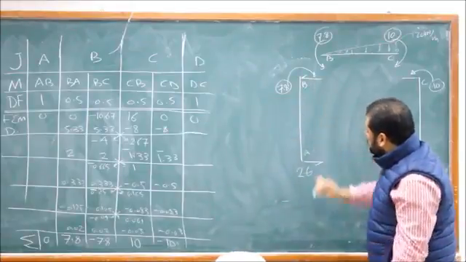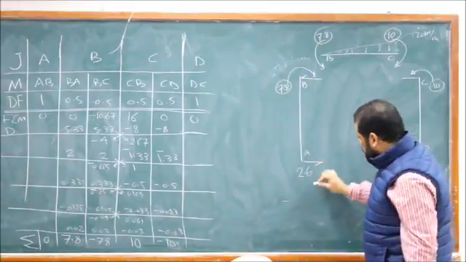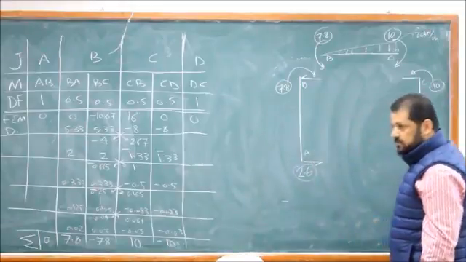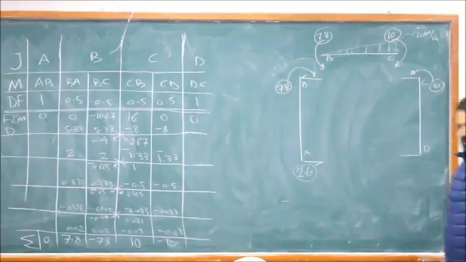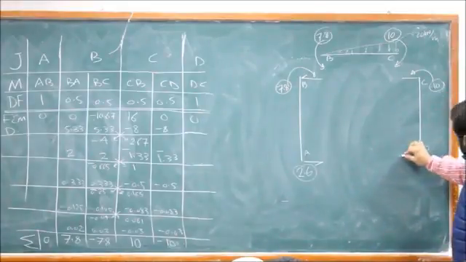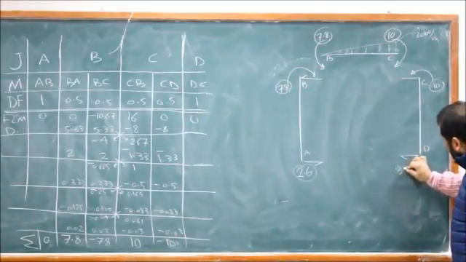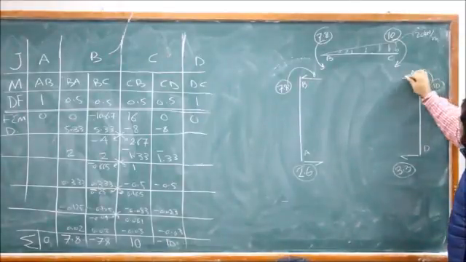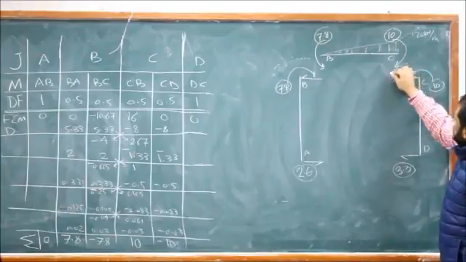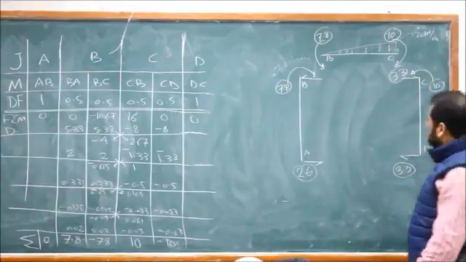You see how much this is? 2.6. Everything is in kilonewton, meter units. 2.6. Then 3.3, this way, 3.3. That means this one is 3.3. Now we stop here.